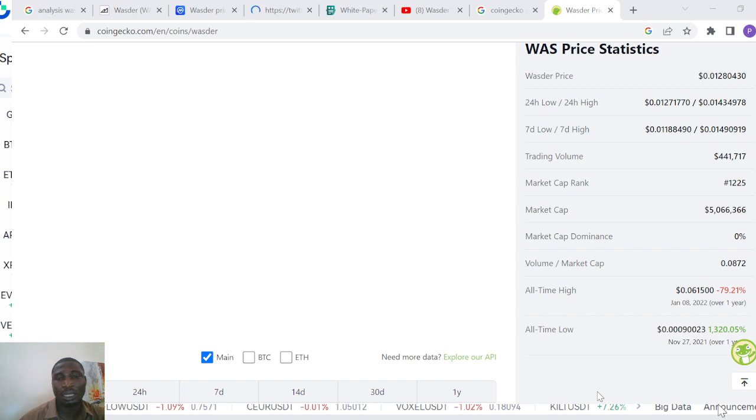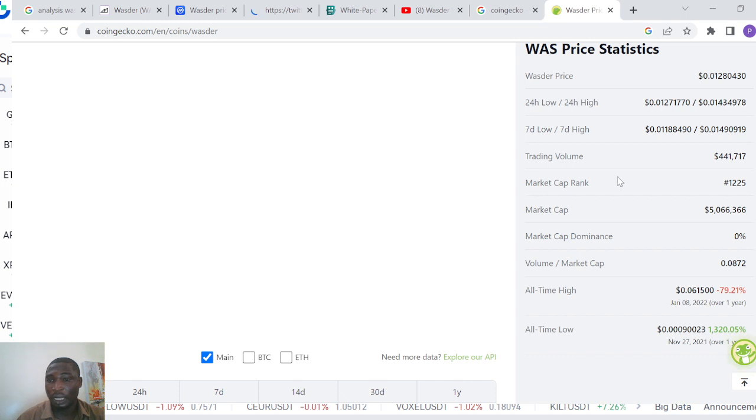So all these are important factors that we need to take note of when talking about this token. What are they really all about? How can we key into it? You can see the price, the current price, the 24 hours, what is trading, the 7 days, and the trading volume.